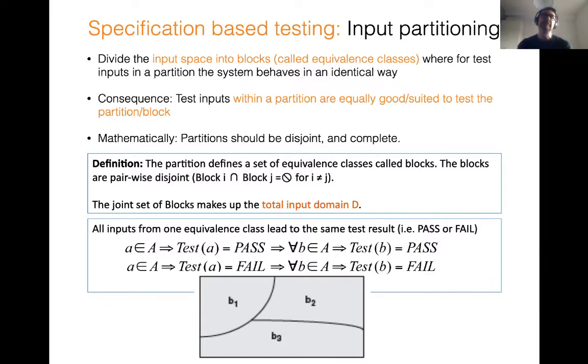Mathematically, it's important that the partitions or the classes are disjoint so that they don't overlap, right? Disjoint means that they are separate, like B1, B2, and B3 here. They are separate, they don't overlap. In practice, it's very common that you cannot fully, or it's not worth it to have disjoint partitions.